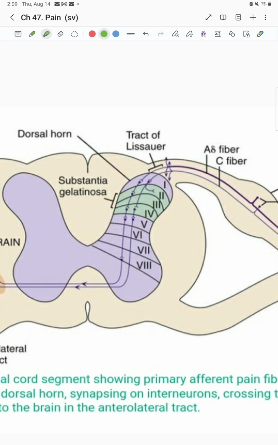Each one of these sections is called a lamina. So lamina 1, lamina 2, all the way down to lamina 8. Now each lamina has a function.